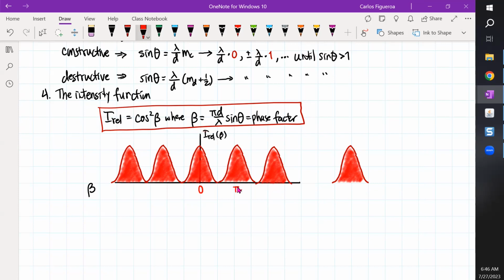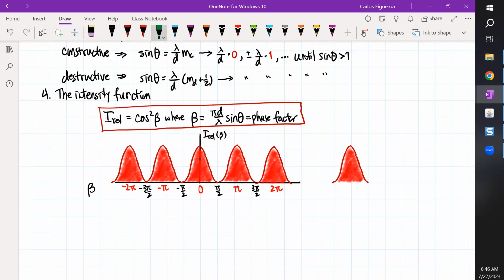So positive pi, positive 2 pi, minus pi, minus 2 pi. All of these peaks. When I look at the minimas or the dark fringes, they occur in increments of odd 1/2 pi's. That's the most useful thing for identifying where we're at.